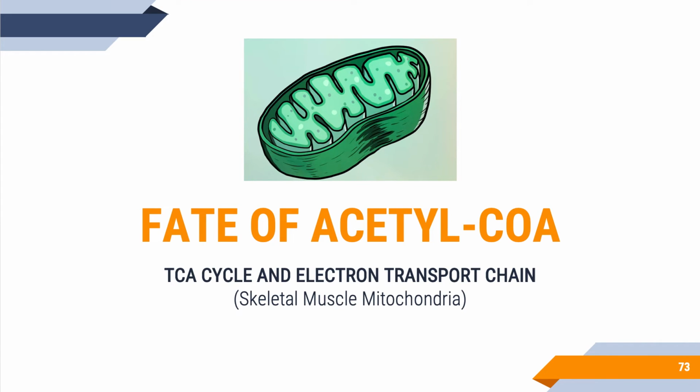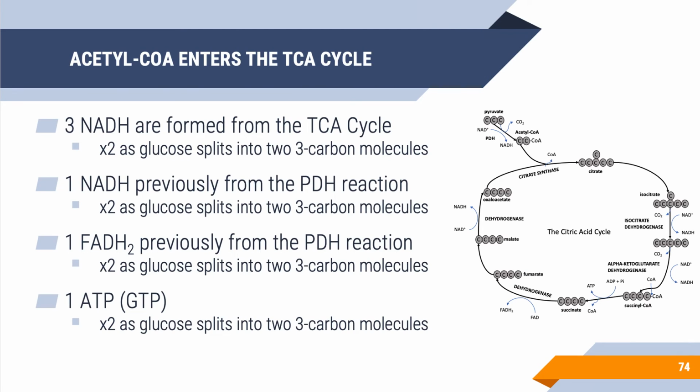So now we need to consider the fate of acetyl-CoA. So just thinking about the TCA cycle and the electron transport chain, specifically how these reside within the mitochondria and how this is going to produce energy to fuel the work that we need to perform. So acetyl-CoA, we mentioned that it enters the TCA cycle. The goal of the TCA cycle is to produce reducing equivalents.